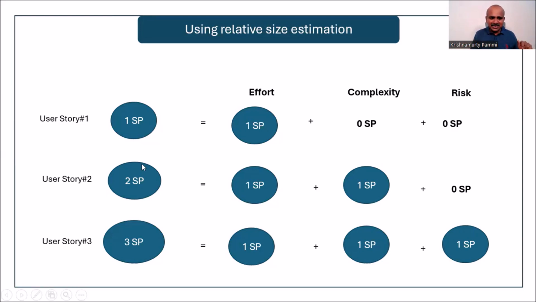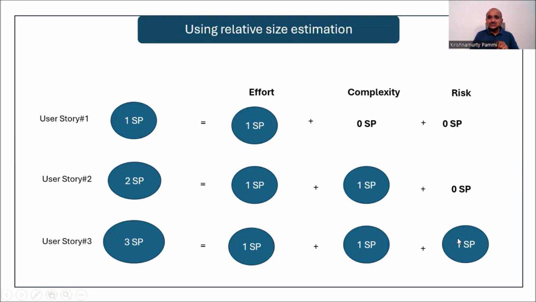Similarly, when it comes to user story 2, you will say effort wise, it is equating with the same user story. However, it's complex because I'm changing the business rules. So I'm claiming 1 story point and documenting the reason. Similarly, for the third user story, effort is the same, but there is a complexity, and I am trying to address a very important user requirement here.